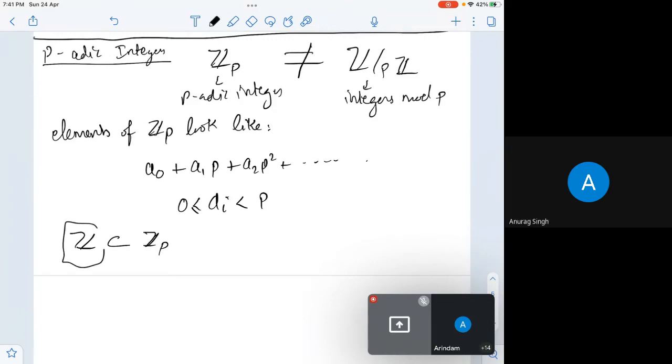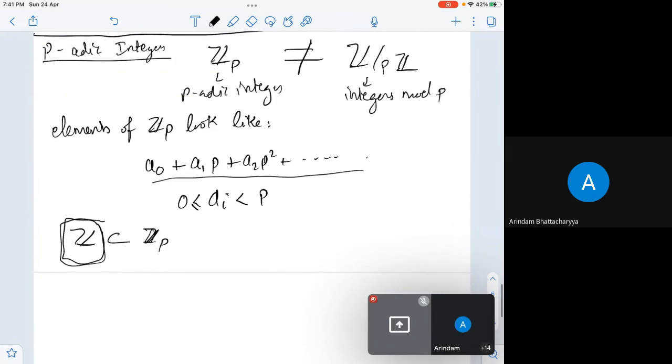So a general element of Zp might have an infinite expansion, but if the expansion is finite, you get an element of Z, and vice versa. So this is an extension of Z as a ring. It's a bigger number system than Z, and you can define addition, multiplication, and all that here, the usual way.